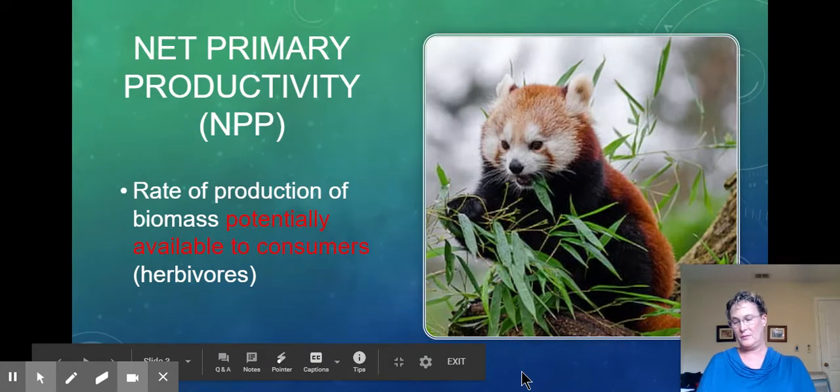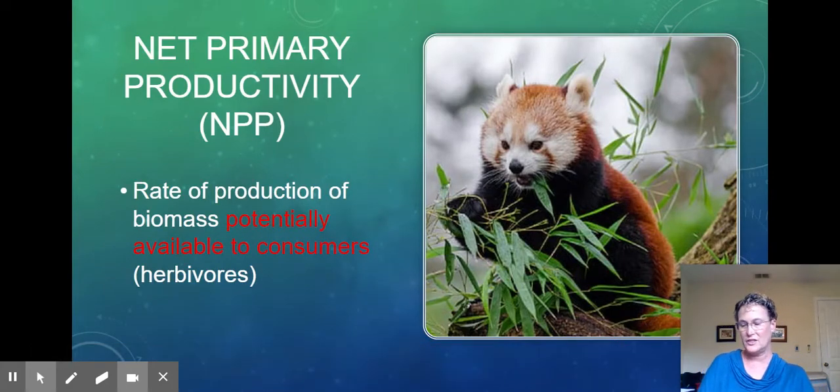Net primary productivity is the rate of production of biomass potentially available to consumers, the herbivores. Here's where you've got to think about net and gross in terms of economics. A good example is that if you have a store, all of your profits are the gross, but what you actually take home after you pay all of your expenses is the net.